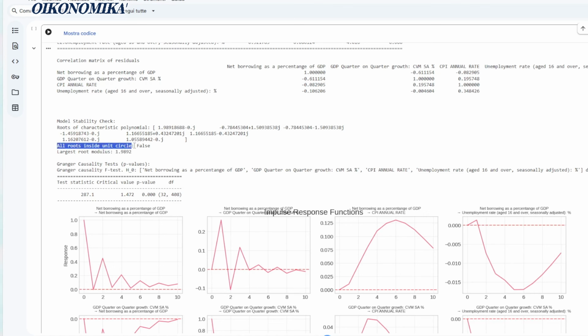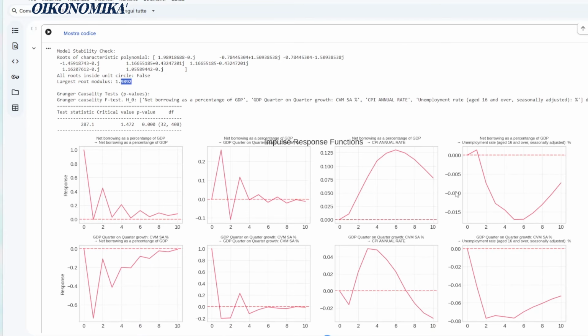But all roots inside unit circle: false. So the unit circle is a circle which has radius 1. But here we see that the roots of the characteristic equation that we derive from these variables are larger than 1 in modulus. So it means that the model is unstable.